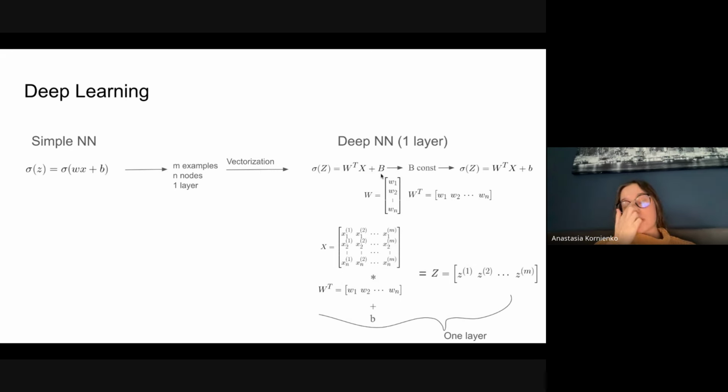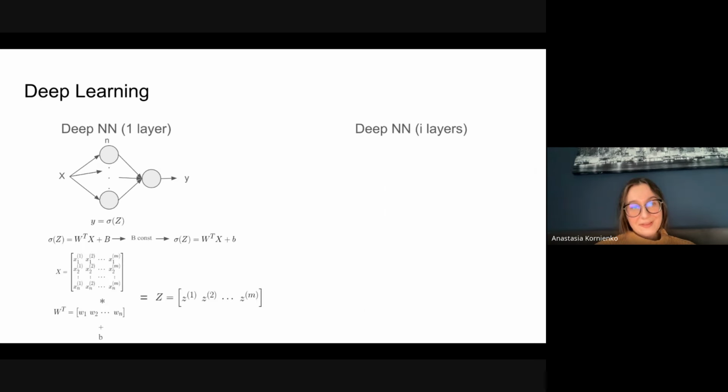Just because b is always the same number for each node and for each example. That's why we can just make it a real number. And this is the formula for one layer. Let's take the next step: from one layer to I layers.